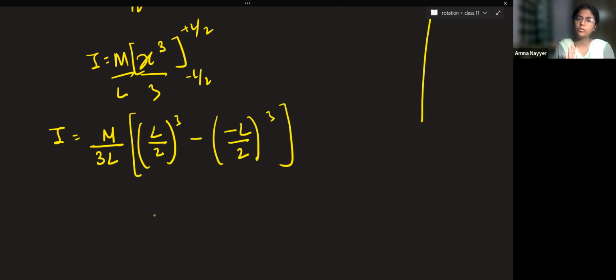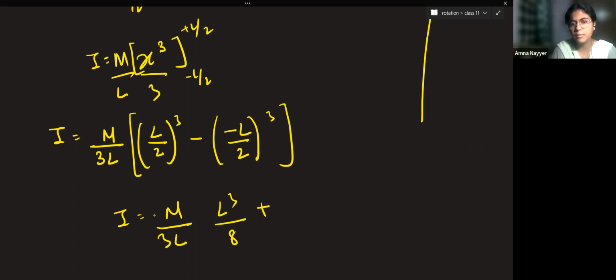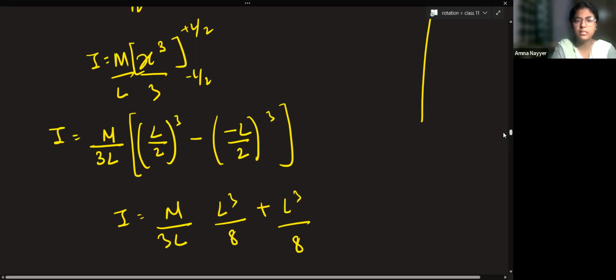So I will become what? M by 3L is already there. This becomes L cube by 8, and minus times minus will become plus L cube by 8. Same thing for this.